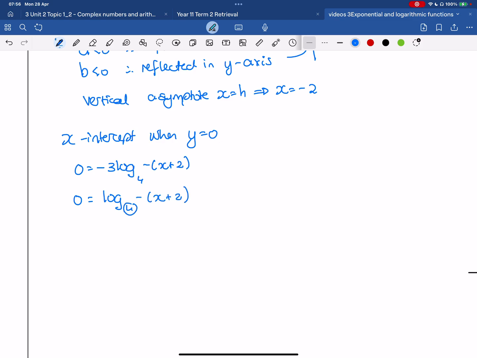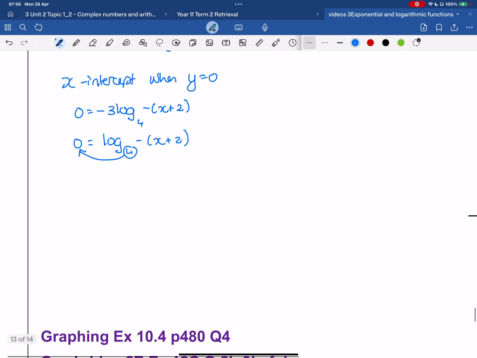And I can rewrite this in exponential form. So 4 to the 0 is negative x plus 2. And anything in the whole wide world to the power of 0 is 1. So then divide both sides by negative 1. And x will be negative 3.